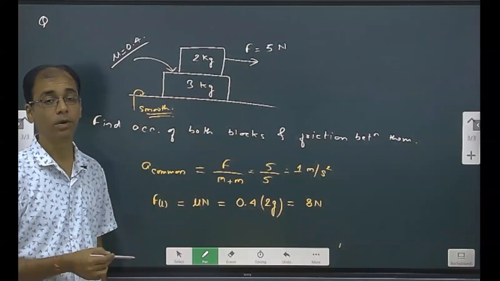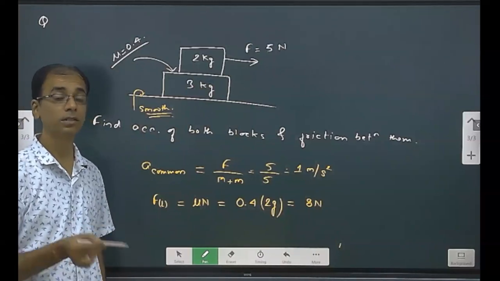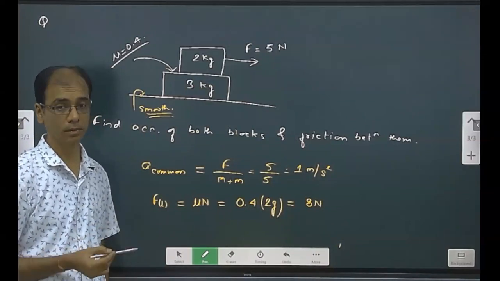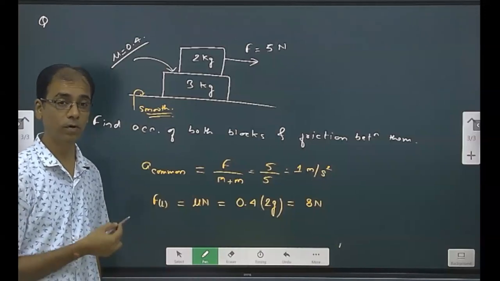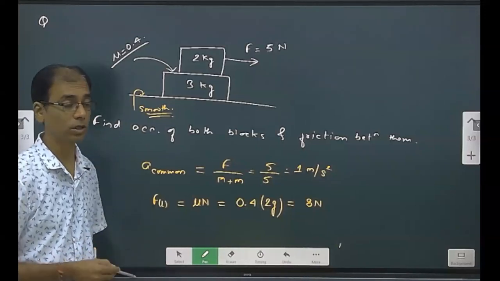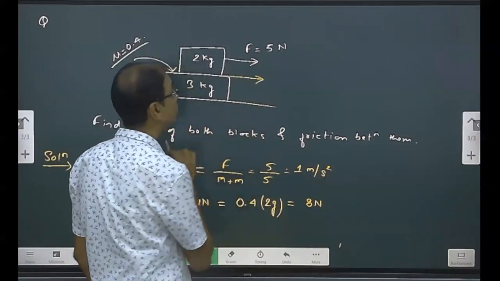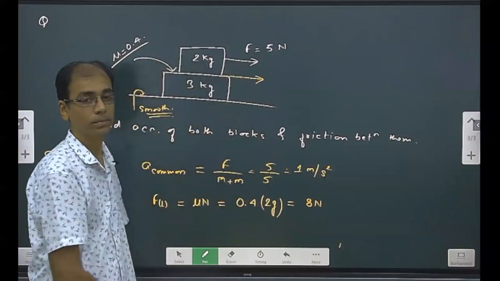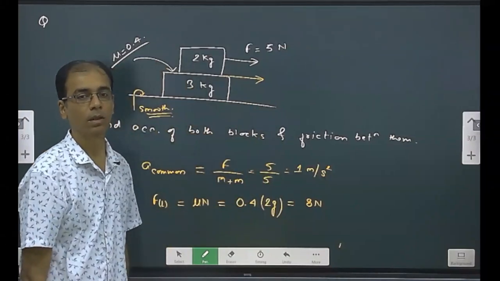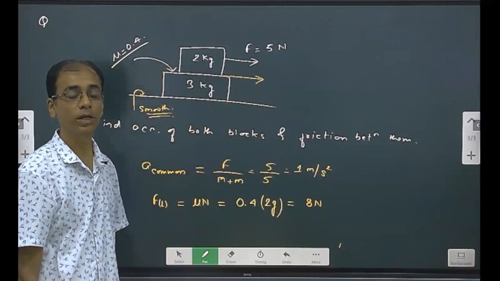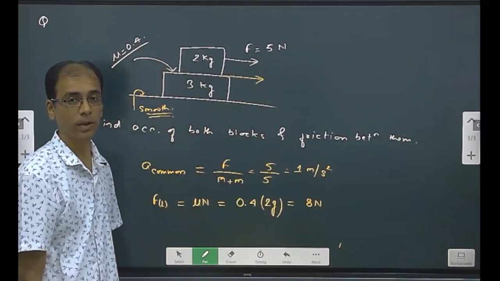Lower block. We have not applied the force on 3 kg. And still we want 3 kg to move? Yes. Which direction? Forward. So who's doing it? Friction. Friction has to pull this block with what acceleration? 1 meter per second square.